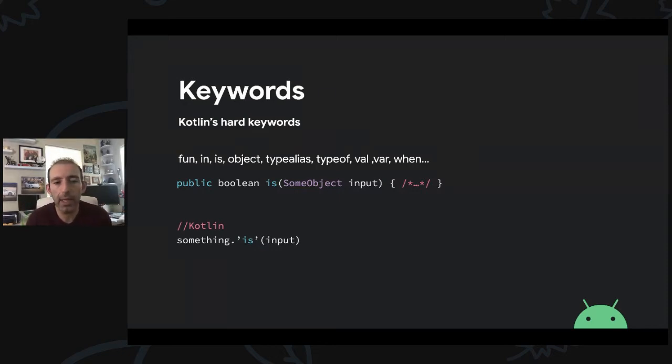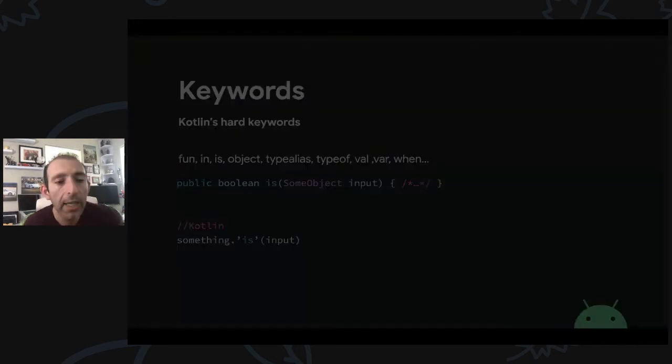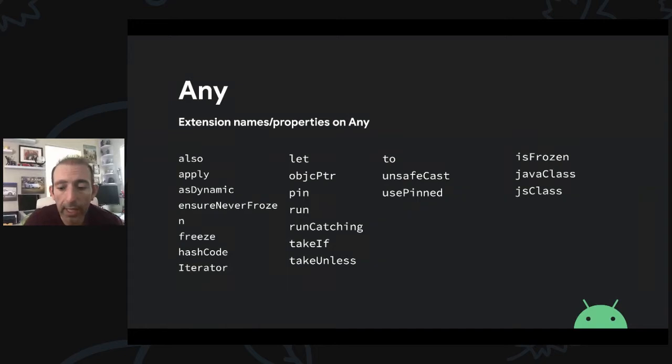So backticks is kind of an escape mechanism. When you put backticks, Kotlin knows this is not the Kotlin reserved word anymore and knows it needs to call the function is.